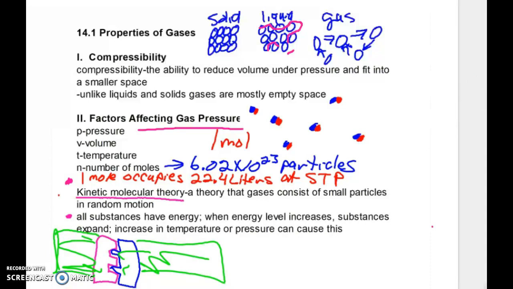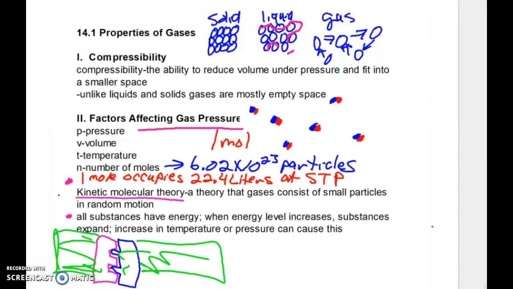One thing I do want to mention is kinetic molecular theory, because that pertains not just to gases but other things as well. Kinetic molecular theory really just says that all things consist of small particles that have a certain amount of motion. Certainly gases have a lot more motion. Remember, solid particles are very fixed in place. But all substances have energy.